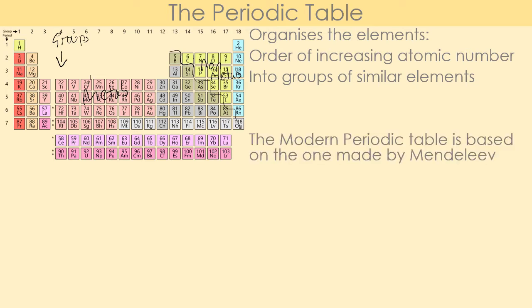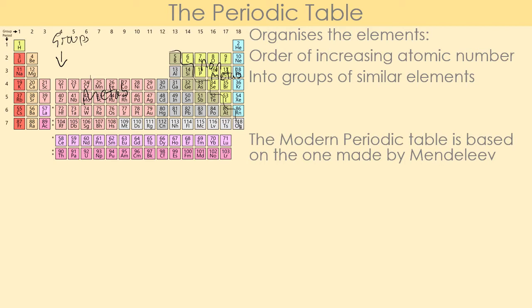Now the modern periodic table that we have is based on the one made by Dmitry Mendeleev. Now you might remember that there's been numerous ideas about how we could organise them. We had the triads, we had the octaves, Newland's octaves, loads of different ways to do it, and none of them were quite right. And this Russian guy, Dmitry Mendeleev, came along and said, aha, I've worked out how to do it.